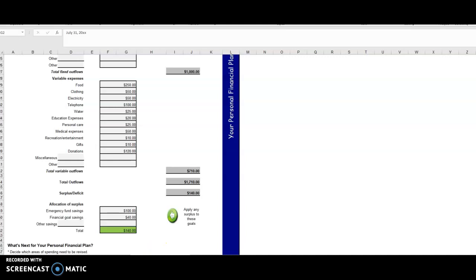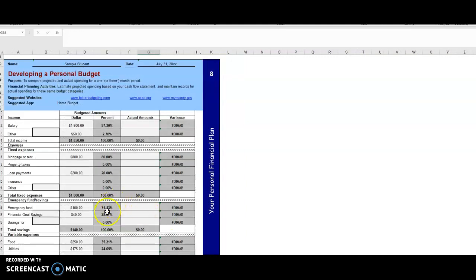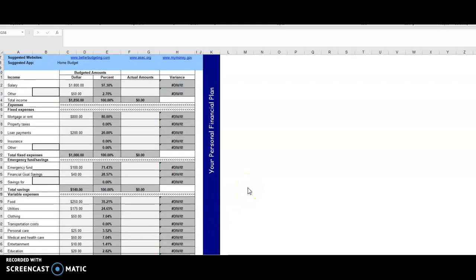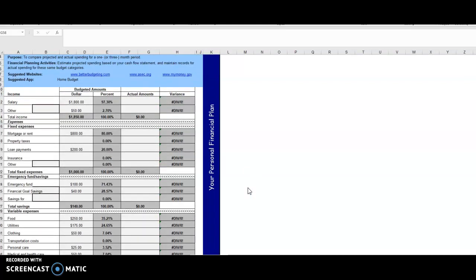So let's take a look now at our personal budget. Our personal budget actually is our plan for how we are going to control our financial income and expenses. Let's take a look here. You're interested in the budgeted amounts column here.